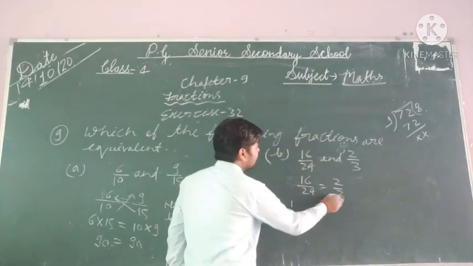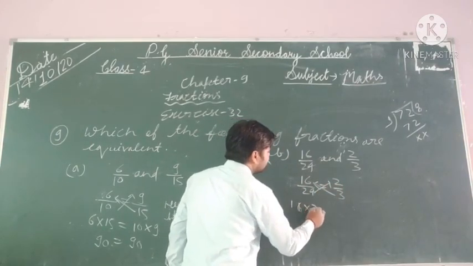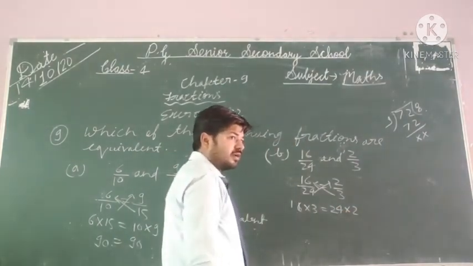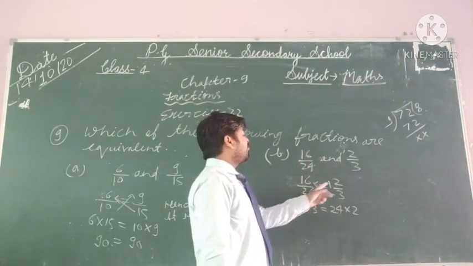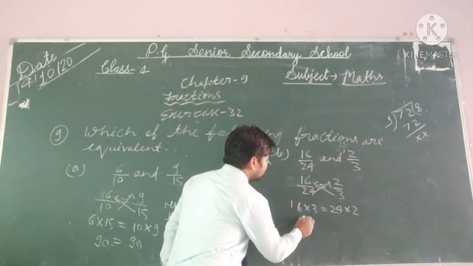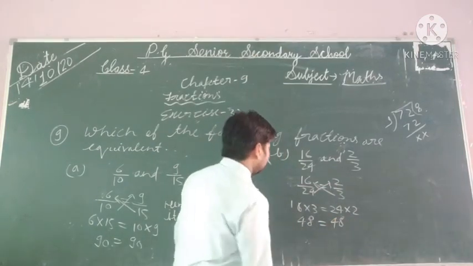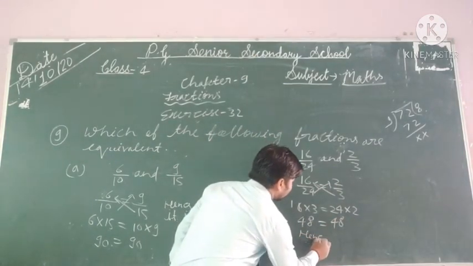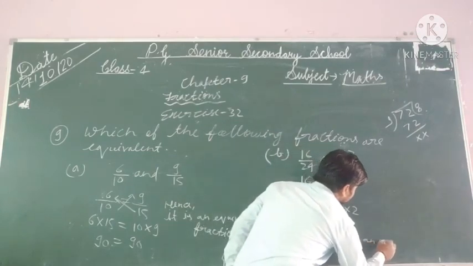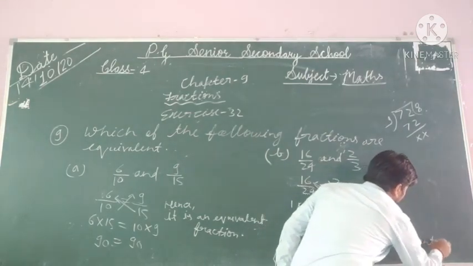Then 16 will be multiplied by 3 and 24 will be multiplied by 2. Okay? Cross multiplication. So 16 3 is 48 and 24 2 is 48. Hence it is an equivalent fraction.